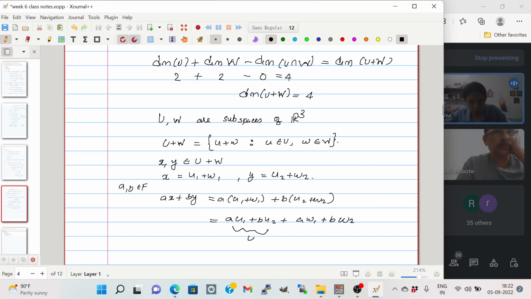So this is an element in U, our subspace U, and this is an element in W. So ax plus by is an element of our U plus W. Fine. That means I am taking two elements, then their linear combination is also in U plus W. And U plus W is a non-empty set, because all elements in U and all elements in W will also be in U plus W. So this condition ensures U plus W is a subspace.